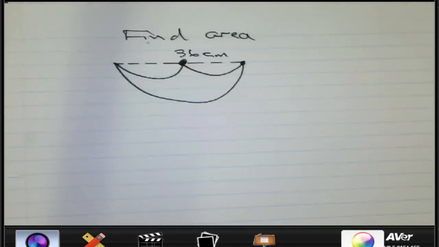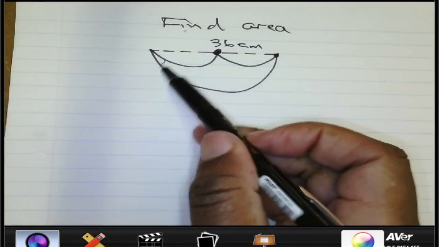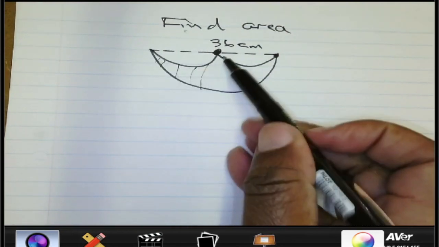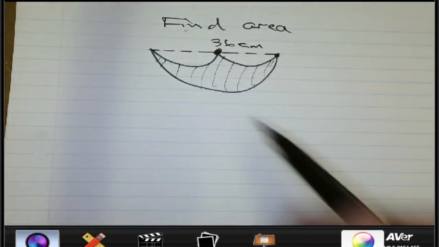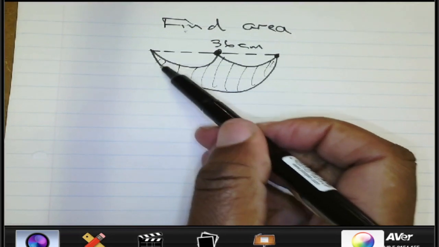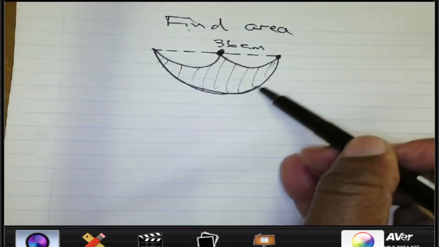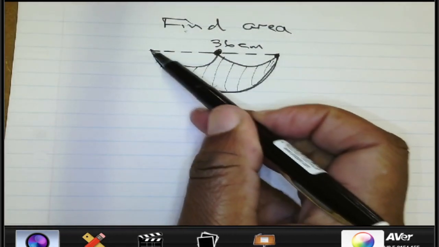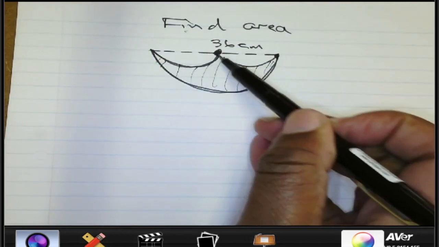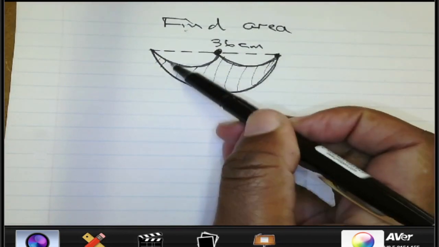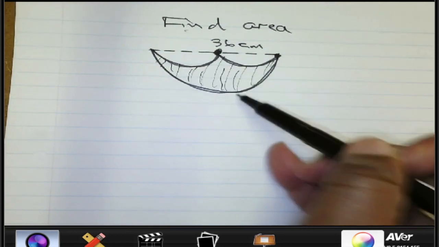This time, I want us to look for area of this shape. This is the shape we are talking about. Now, first of all, there is this bigger semicircle here. I hope you can see that. Then there are those two smaller semicircles. But we are looking for the area of the shaded part.